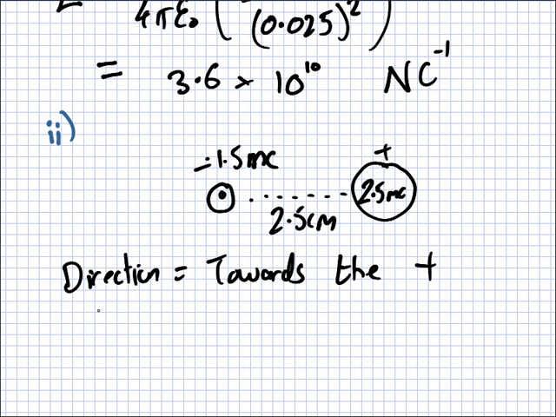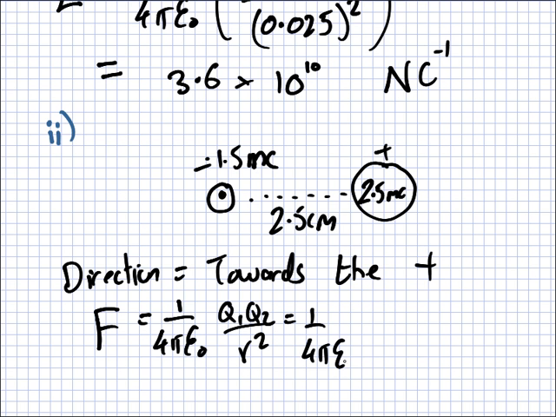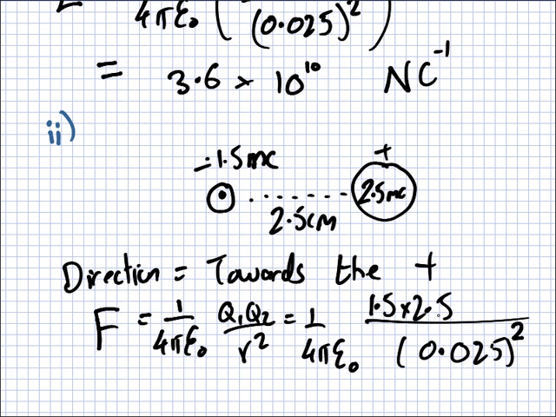And we can get the force by using Coulomb's law, 1 over 4 pi epsilon 0, q1 q2 over r squared. So that's 1 over 4 pi epsilon 0, 0.025 squared, 1.5 times 2.5 times 10 to the minus 6, because it's minus 3 and a minus 3.